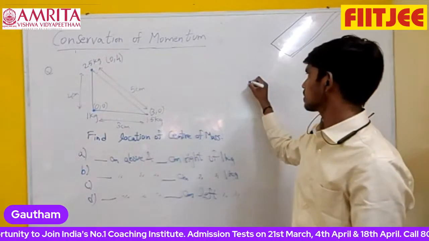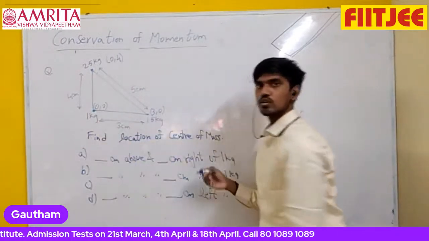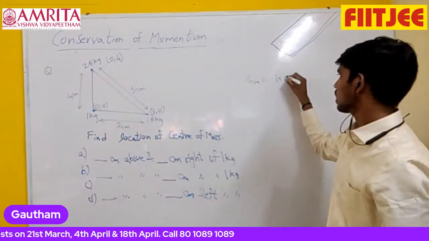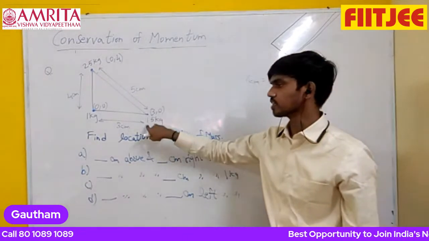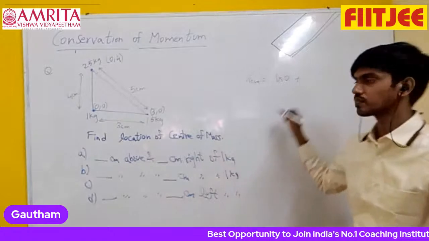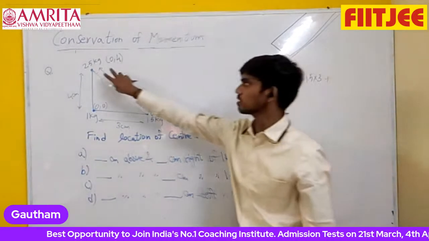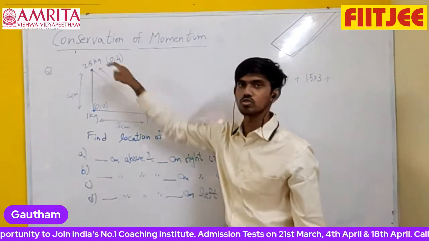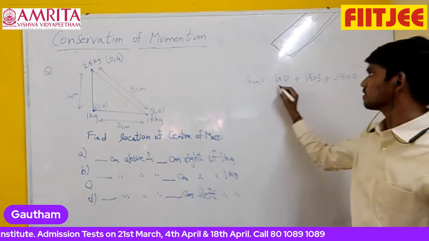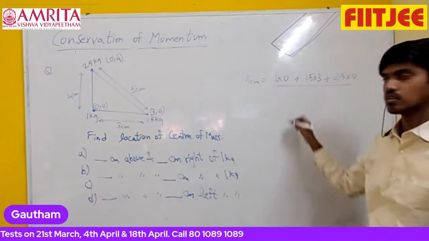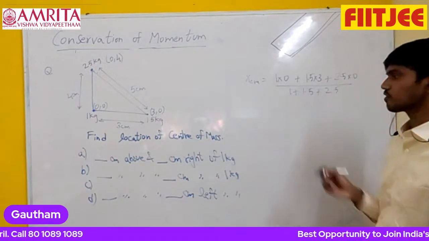So the x coordinate of the center of mass is m1 x1: the 1 kg mass with x coordinate 0, plus the 1.5 kg mass with x coordinate 3, plus the third mass 2.5 kg with x coordinate 0, so 2.5 into 0, divided by the sum of total mass, which is 1 plus 1.5 plus 2.5.